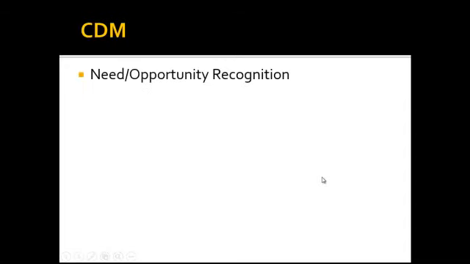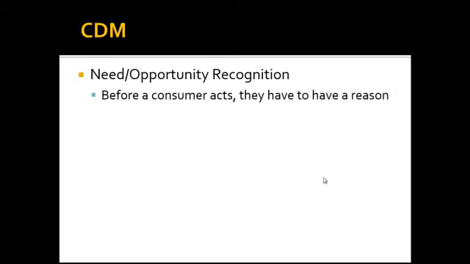The first step in the model is need or opportunity recognition. Before the consumer is going to do something, buy something, behave in some way, they have to have a reason. We use the term opportunity to represent that not every situation is the consumer trying to fix something that's wrong or replace something that's been depleted.